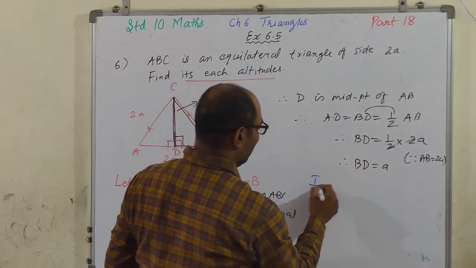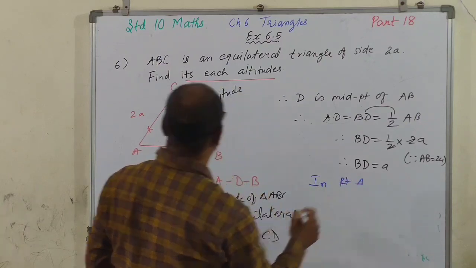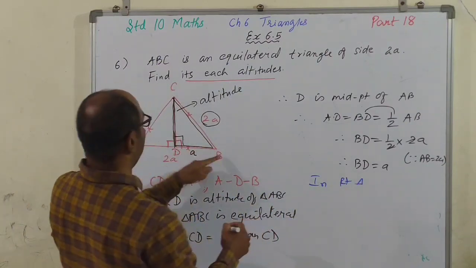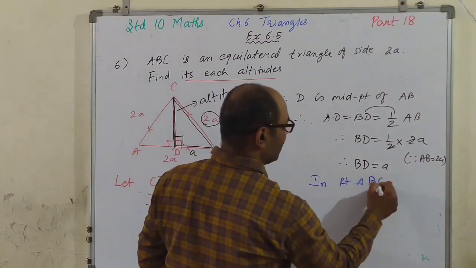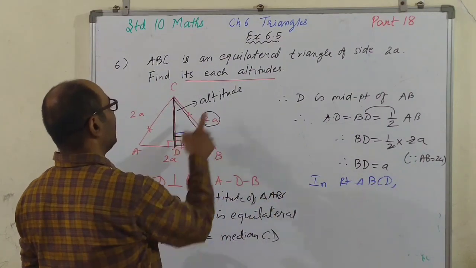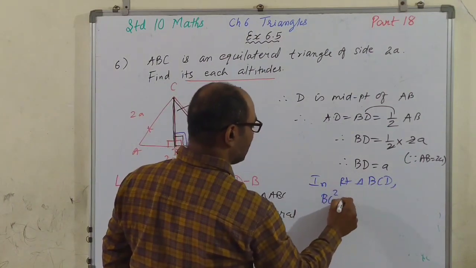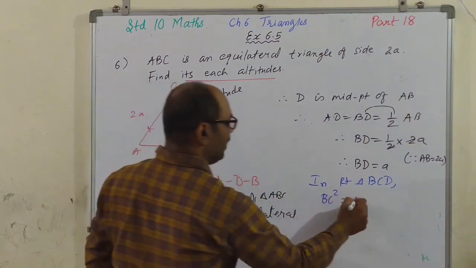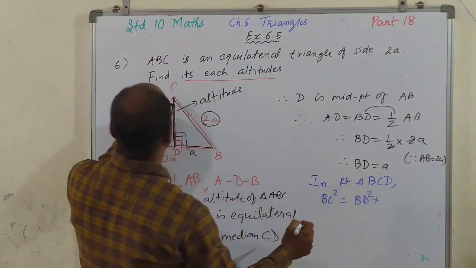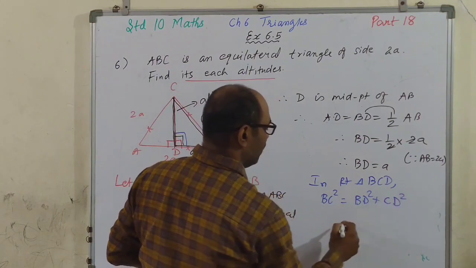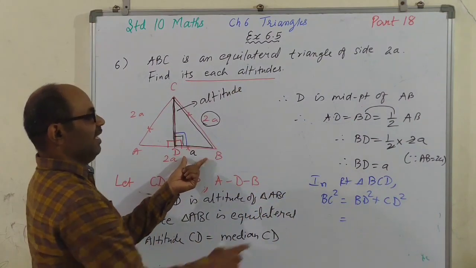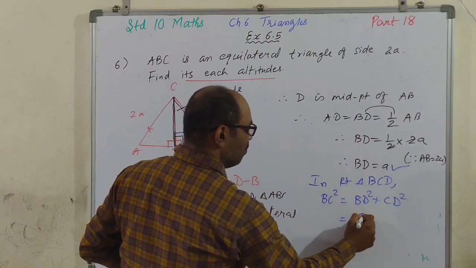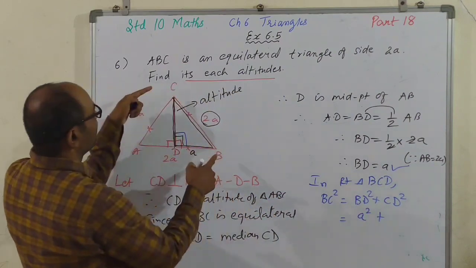Fine. In right triangle BCD. Right angle के सामने वाली साइड. BC square is equal to BD square plus CD square. चलिए, what is BD? A. So BD square will be A square. What is CD?